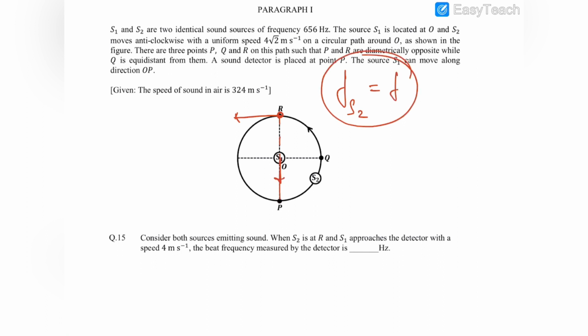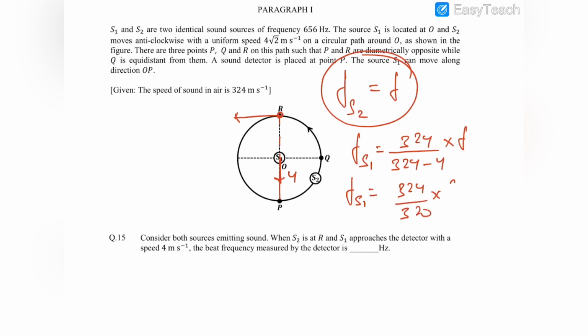And due to S1, as S1 is moving towards the detector with 4, the frequency due to S1 would be equal to 324 upon 324 minus 4 into F. So Fs1 would be equal to 324 upon 320 into F.